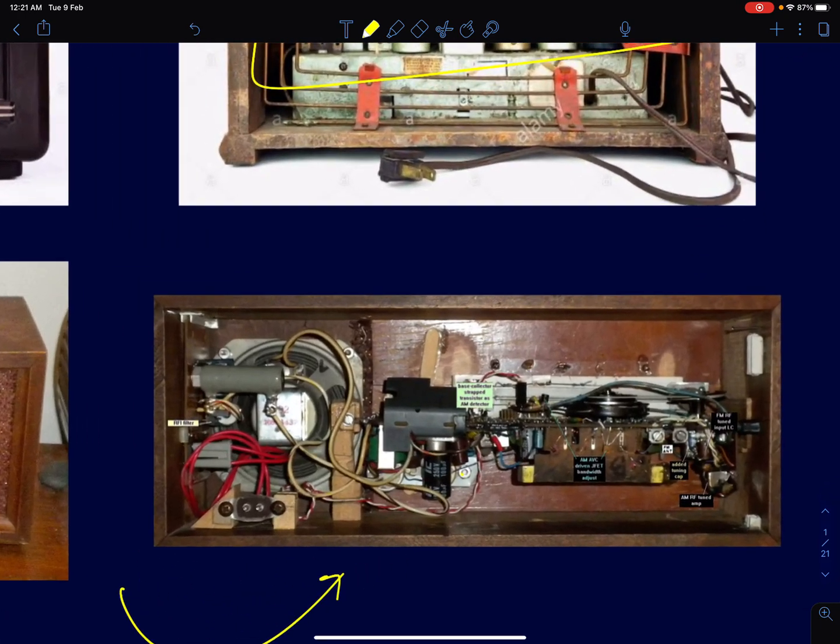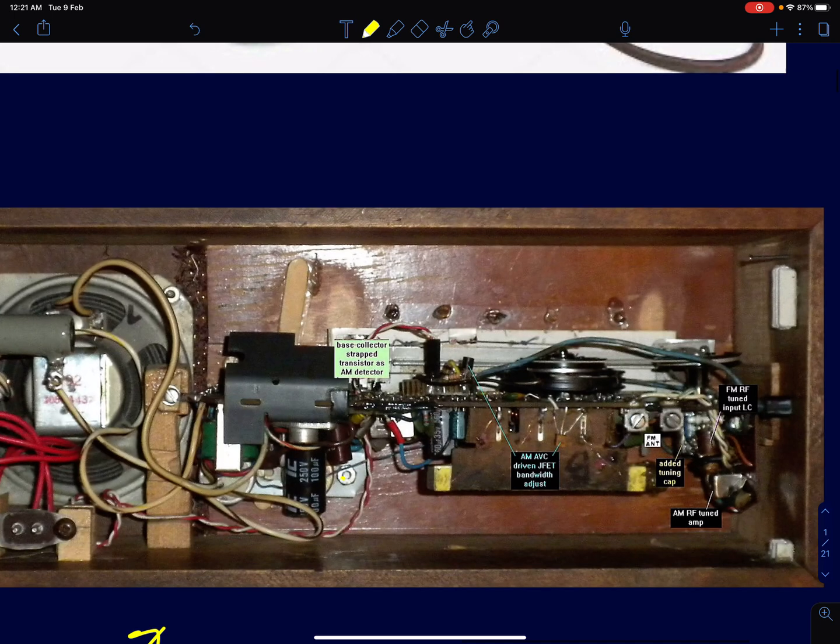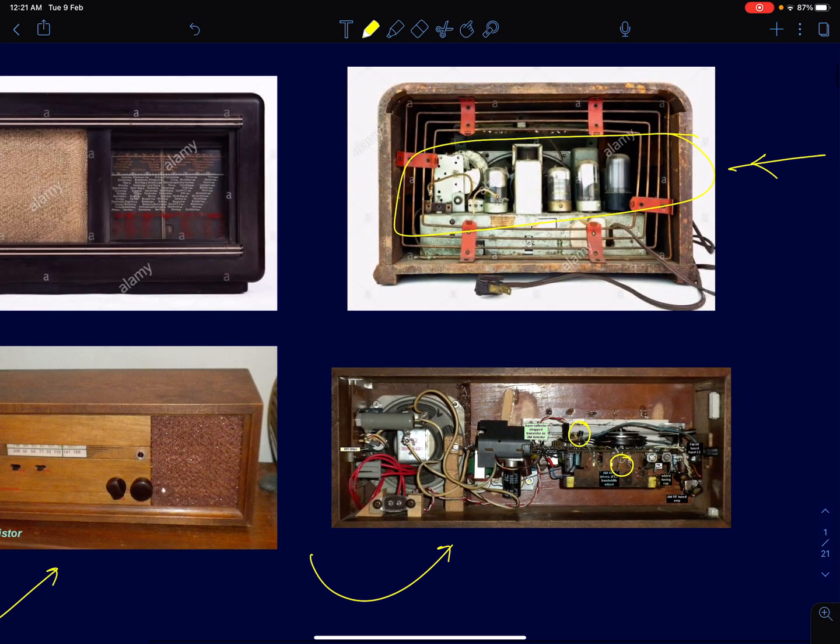One can immediately see the size of the transistors here. These are actually a combination of both JFETs and BJTs, and the amplifier shown here is JFETs. They are much smaller in size as compared to the vacuum tube based amplifiers, and also they consume much lesser power.